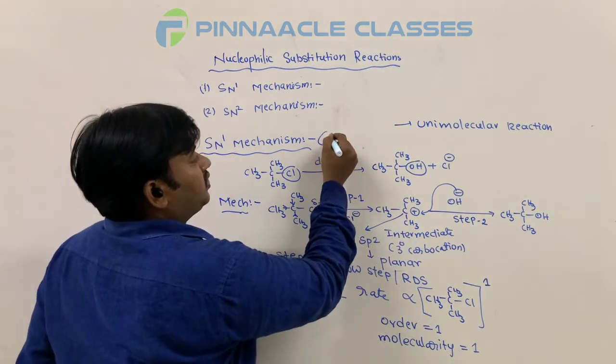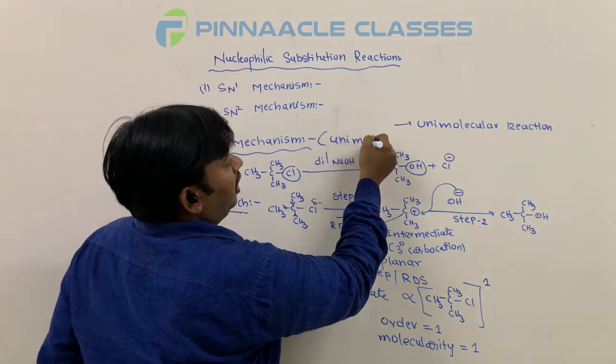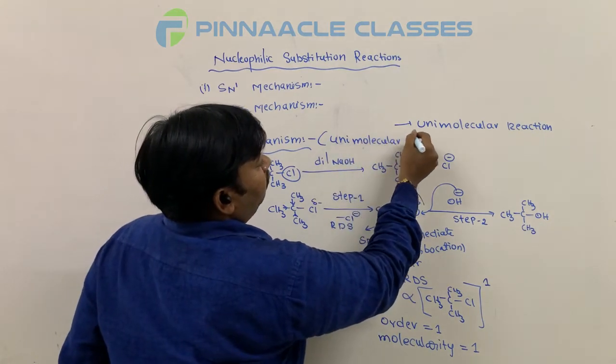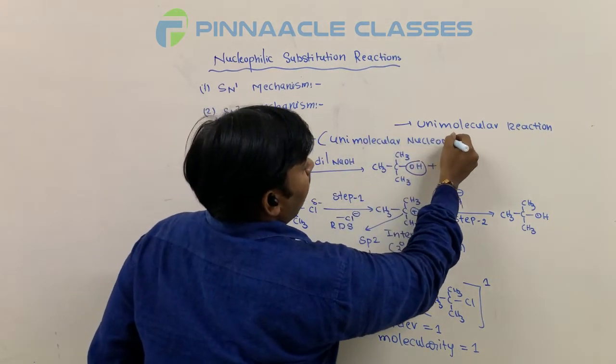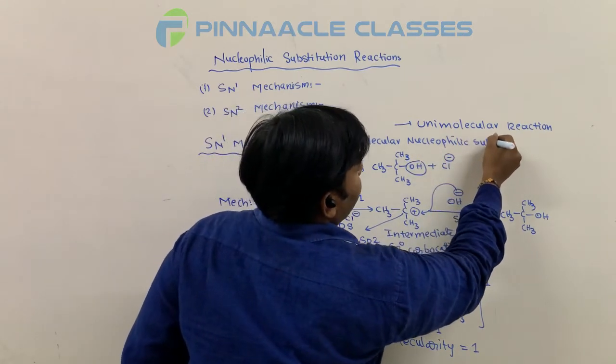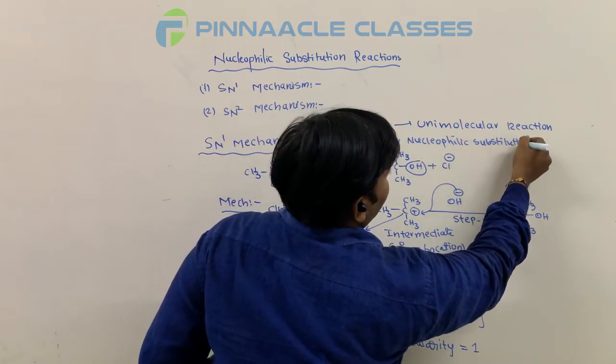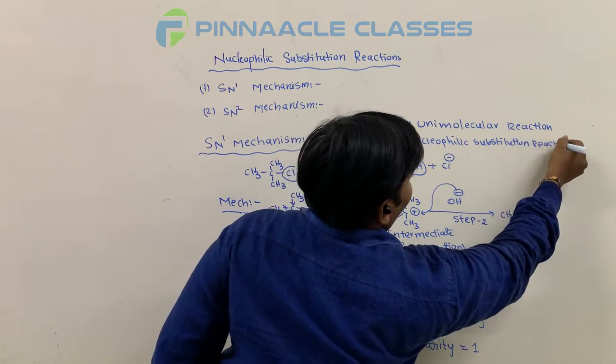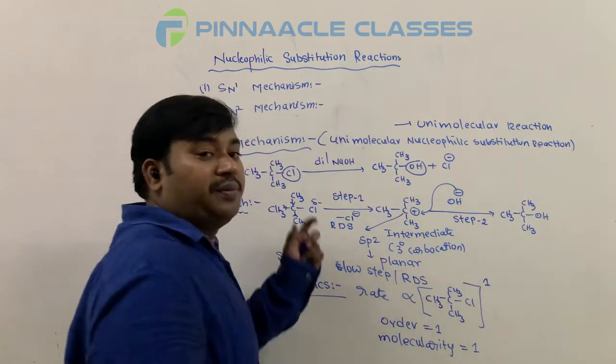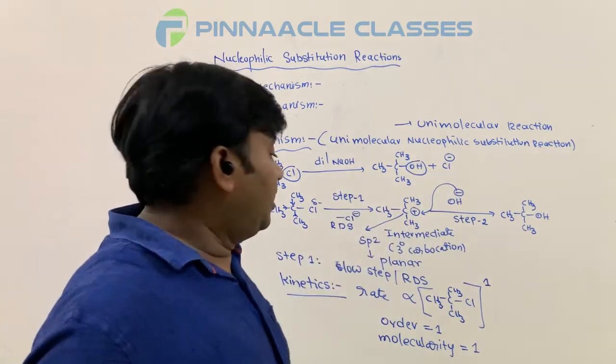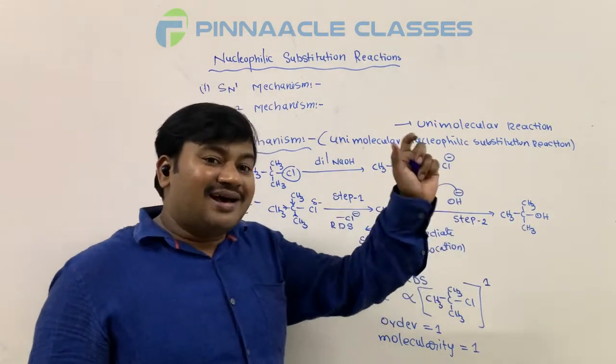That's why we say this reaction is a unimolecular nucleophilic substitution reaction. You can write, SN1 means unimolecular nucleophilic substitution reaction. See why we are considering uni. Uni is regarding molecularity. How many molecules are involved in the rate determining step?